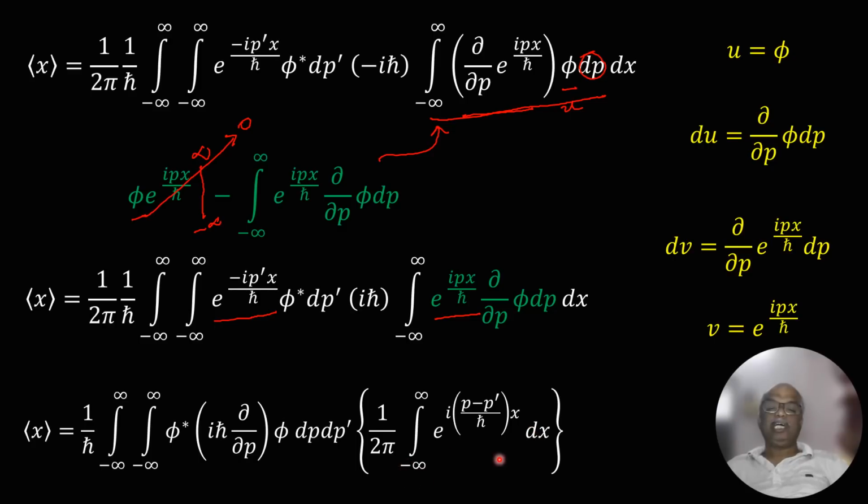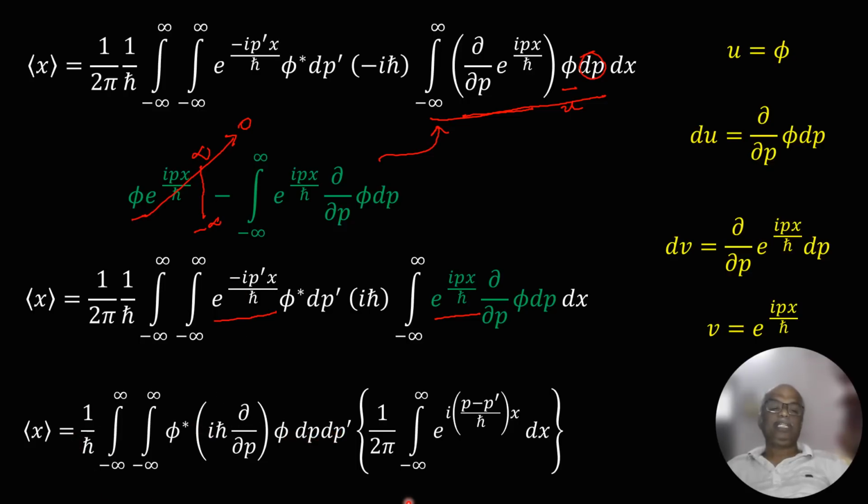Here only you have x, so at this portion we can do the integration with respect to x. And I have brought this 2 pi inside in order to make this a delta function. Here you have only the terms with p, of course psi star psi dp dp prime.